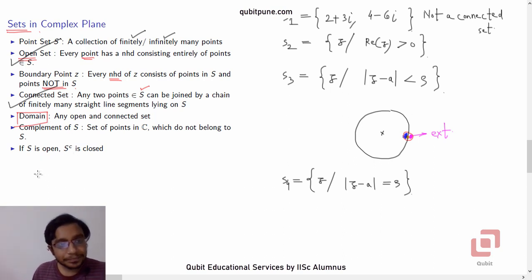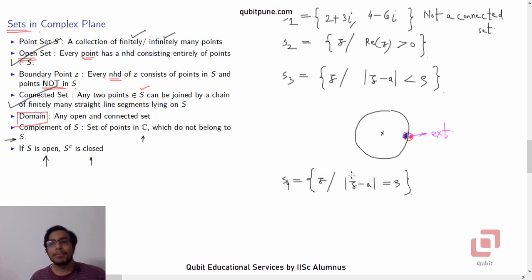Alright, fine. Then let's talk about complement. You already know this from your set theory. The complement of any point set S is the set of points in the complex plane which do not belong to S. As a consequence of the definition, if S is open, then S complement must be closed.